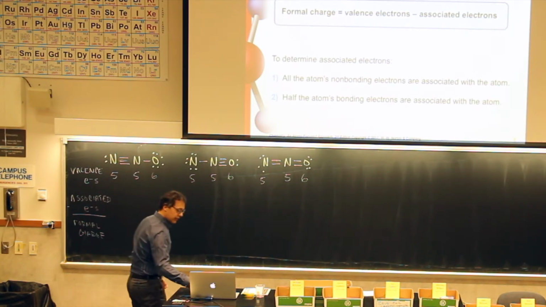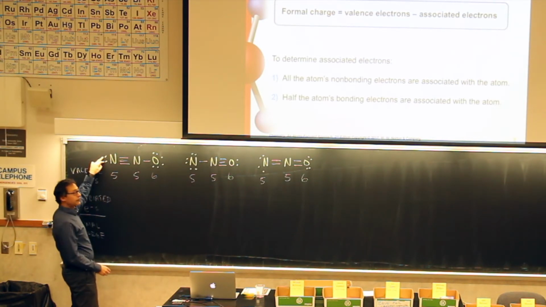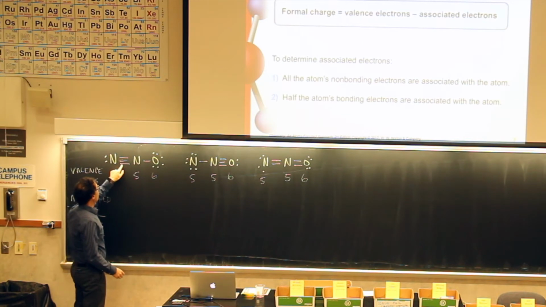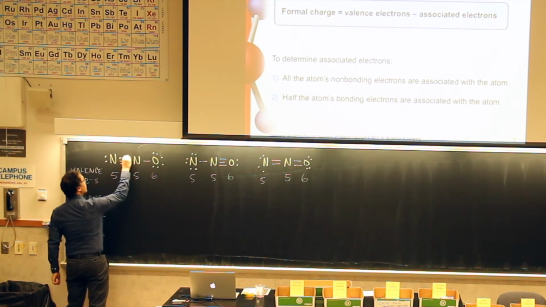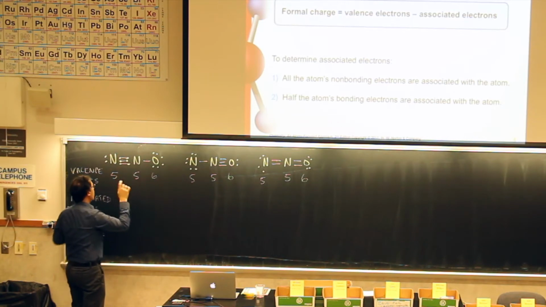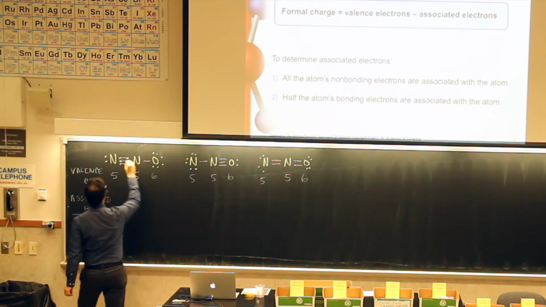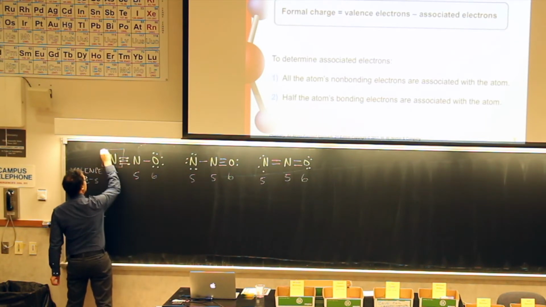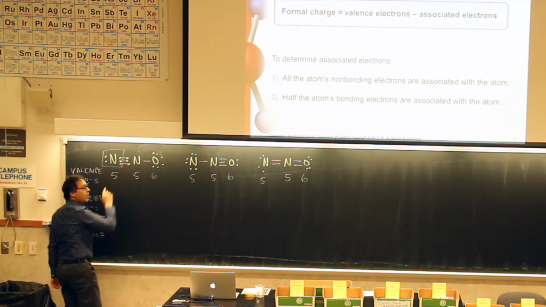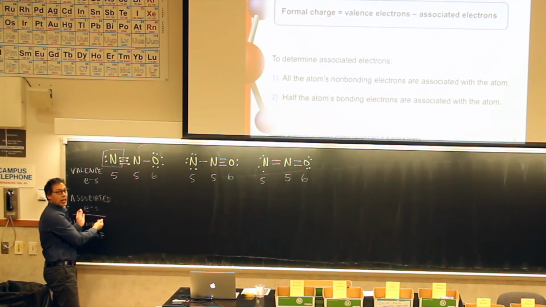Here I've got a lone pair, that's 2 electrons. And then I've got my bonded pairs, and each of these bonds is 2 electrons. So there's 6 of them here. Now I'm going to make an imaginary box. Here I've got my lone pairs plus half of my bonded pairs, which gives me my associated electrons.